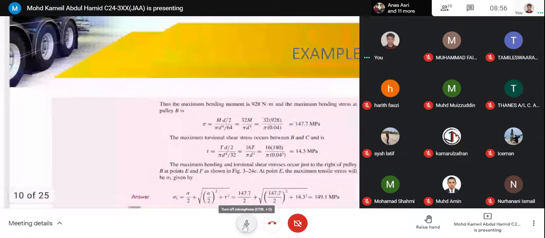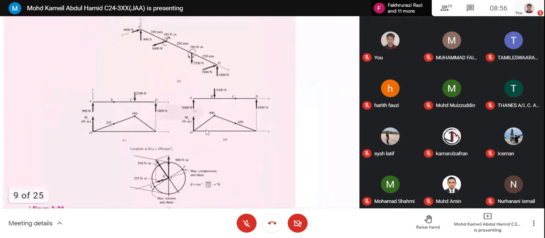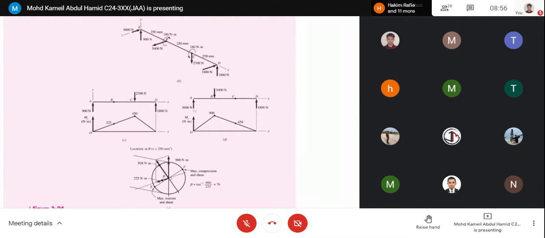Okay, first thing is the FBD, so get it right. For a shaft with pulleys, you can use the 2D approach: XY plane and XZ plane, and then get the combination too.